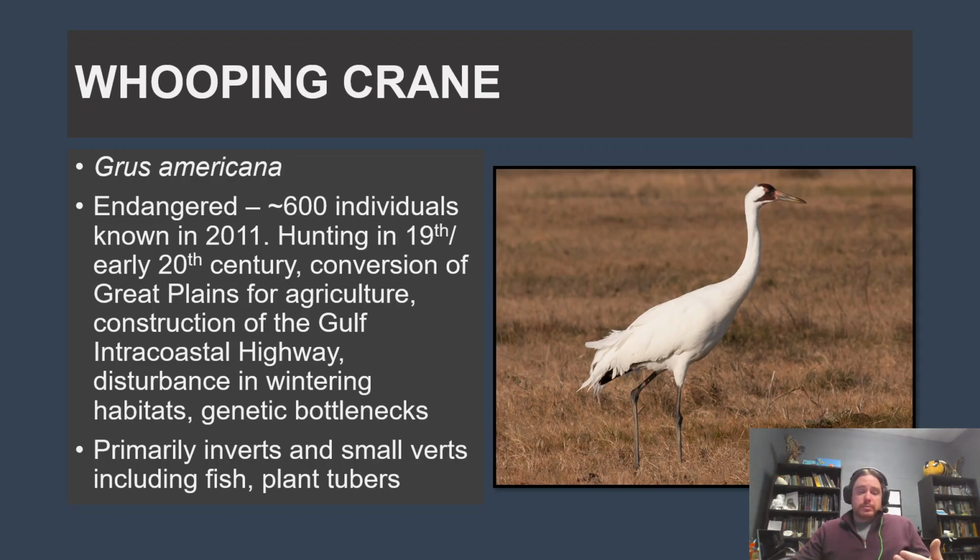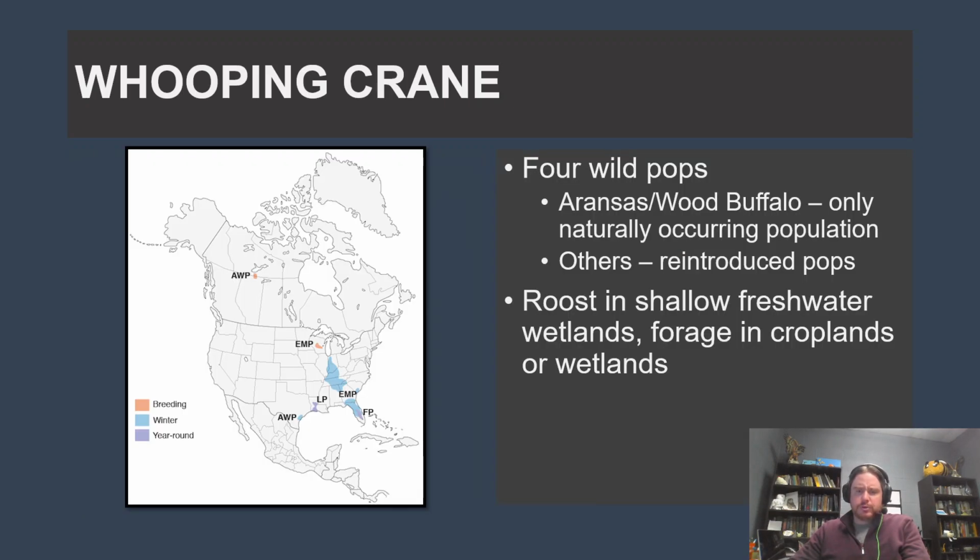The primary diet we're looking at are invertebrates and small vertebrates, though they do eat some plant tubers as well. So the whooping crane, there are currently 4 wild populations. There's the Aransas Wood Buffalo population, and that is the only naturally occurring population that still exists.